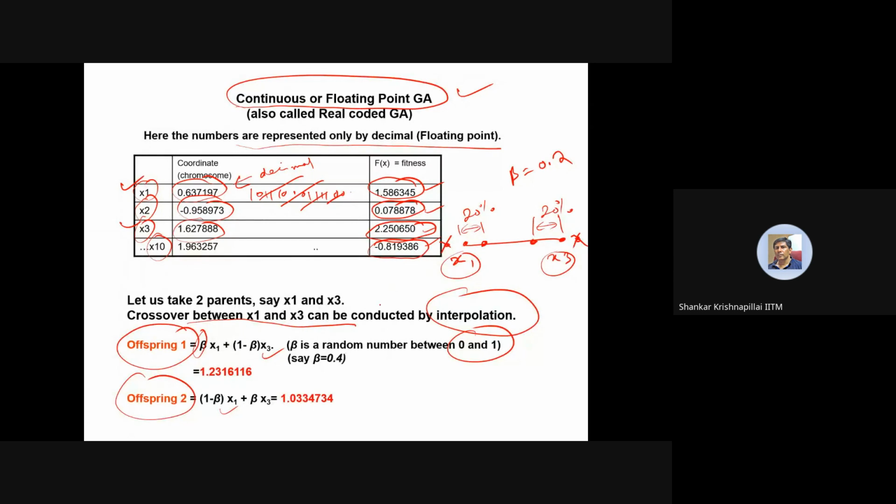So with this method of interpolation, you get two children, x1 apostrophe and x3 apostrophe, inside the parents. This is found to be as good as chopping up the binary strings.